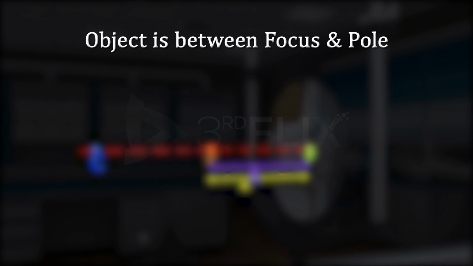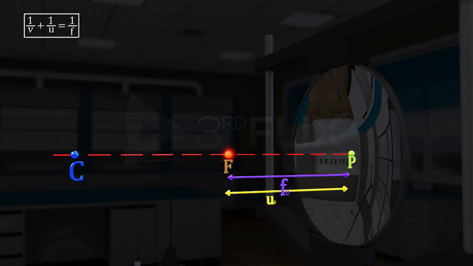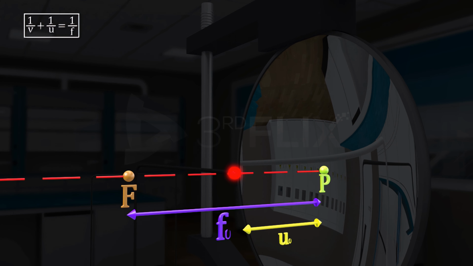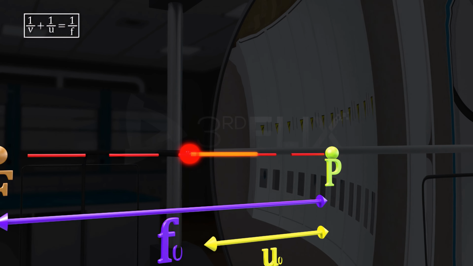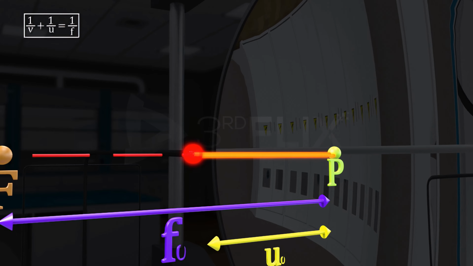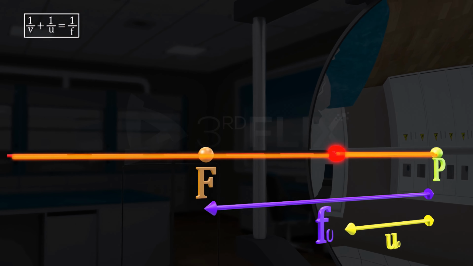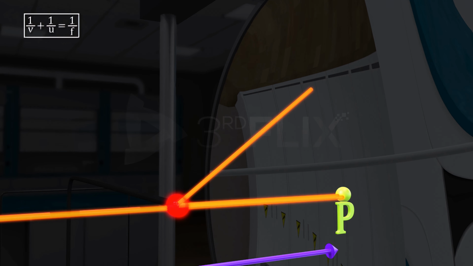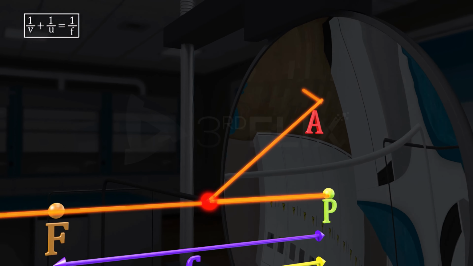Now let us look at the case in which the object is kept between the focus and the pole P of the mirror. A ray passes and gets reflected along the principal axis, while any other ray gets reflected and diverges away.